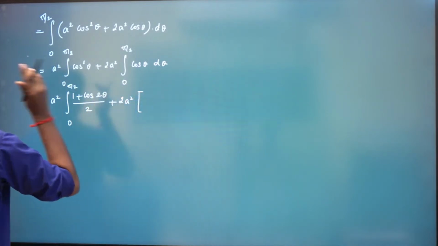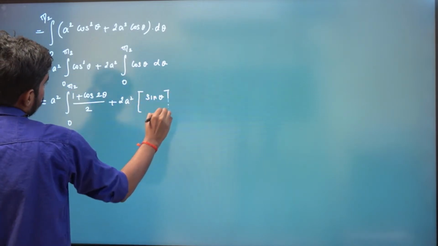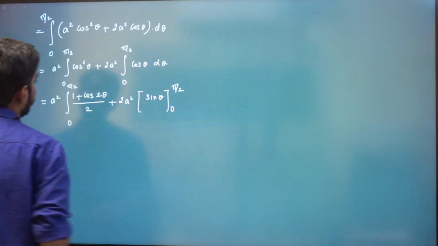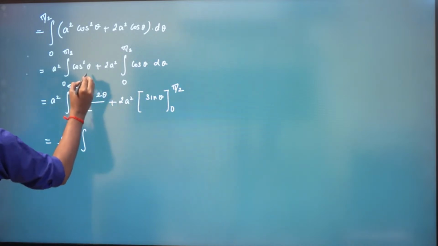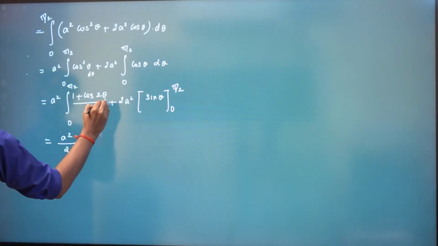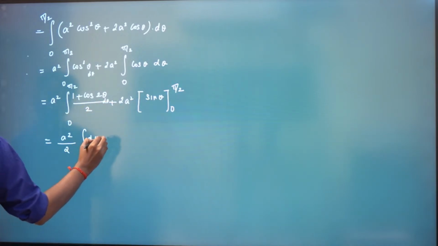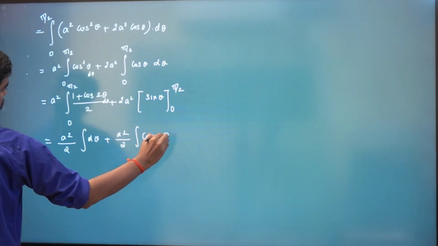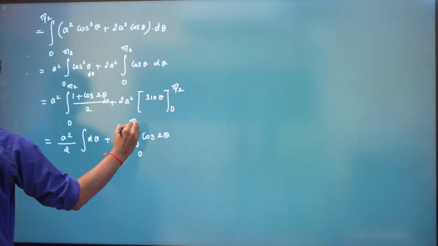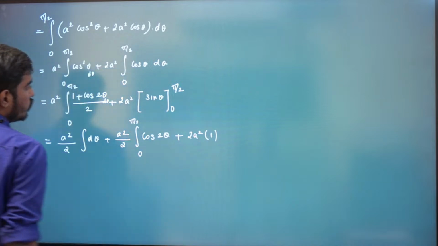So the integration of cos is sin theta, from 0 to pi by 2, right? So this will be a square by 2 d theta plus a square by 2 times the integration of cos 2 theta from 0 to pi by 2, plus 2a square times sin pi by 2, which is 1.